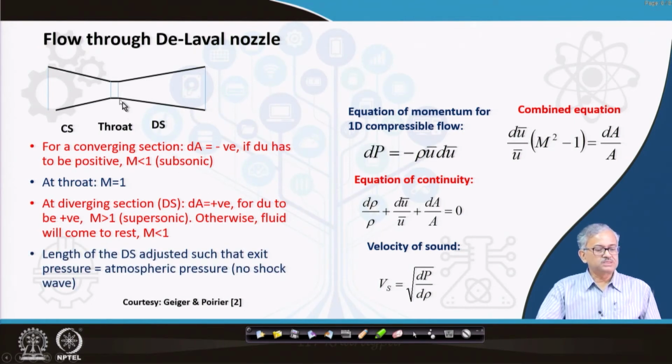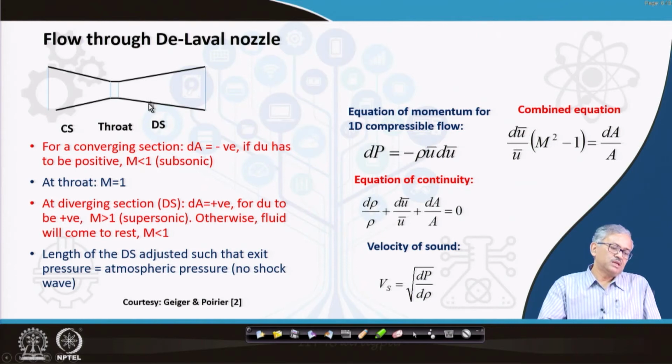Now think about how we will select the length of the divergent section. As the gas is flowing and accelerating, its velocity is increasing. So, as a result, its pressure will be decreasing. When the gas is moving in this direction, it is accelerating, and its pressure will correspondingly decrease. You can design the length of the divergent section in such a way that when the gas emerges from the exit, its pressure becomes exactly equal to 1 atmospheric pressure.